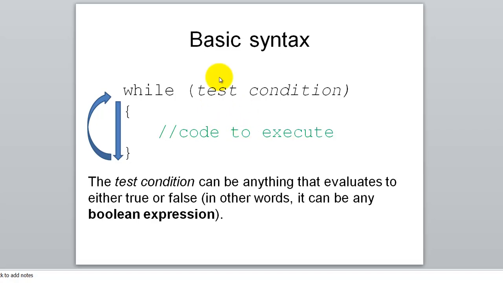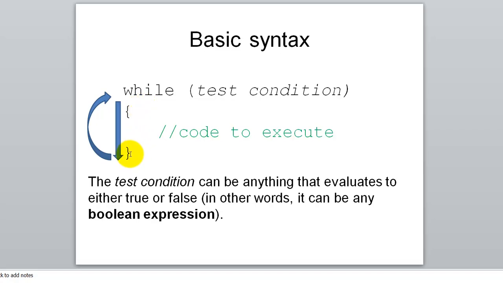So just like an if statement where we said if and then we put in a test condition, whiles look the same. We put while and then we put a test condition, like a is less than 5 or something like that, something that evaluates to true or false. This needs to be a Boolean expression. So if this evaluates as true, we have a true test condition, then we're going to run all the code between the braces, just like an if statement.